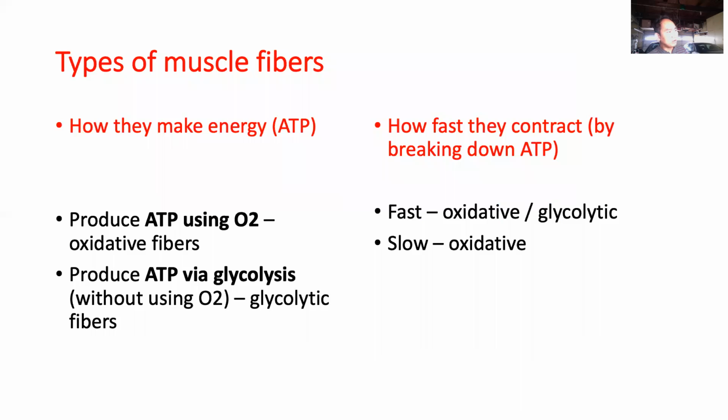If we classify depending on how fast they contract, which means how quickly they break down the ATP and generate energy, they will be either fast or slow fibers. Fast muscle fibers can be both oxidative or glycolytic, and slow muscle fibers are usually oxidative.